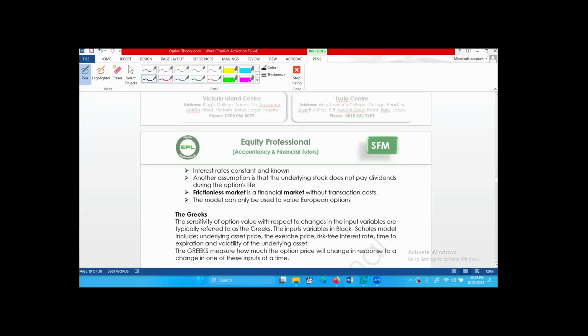Next, it assumes a frictionless market, a market where there is no transaction cost, a market where there is no taxation.